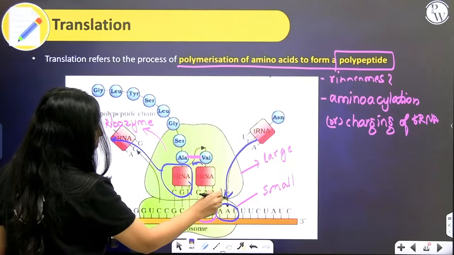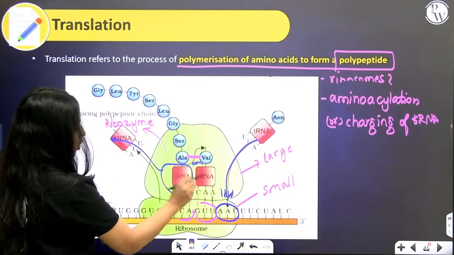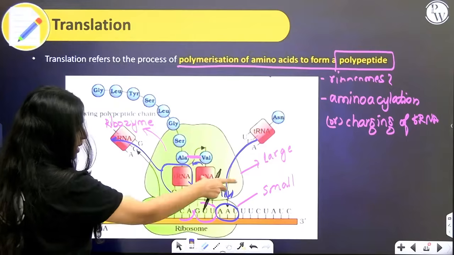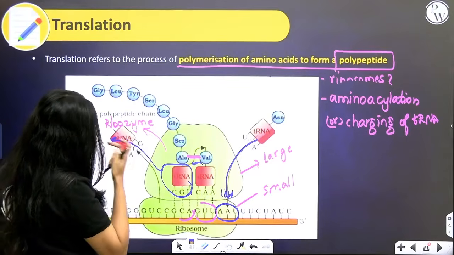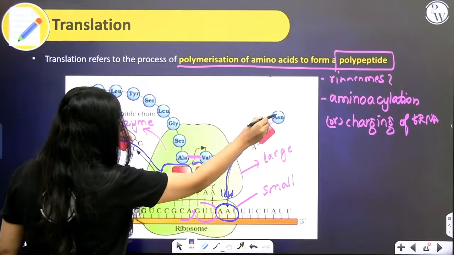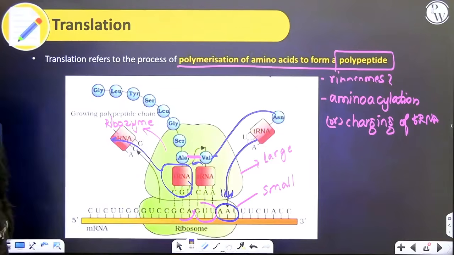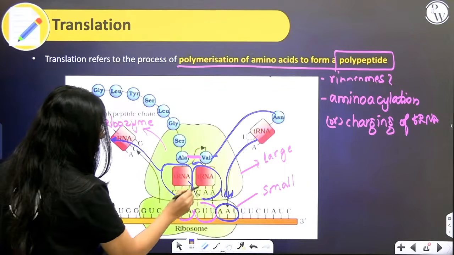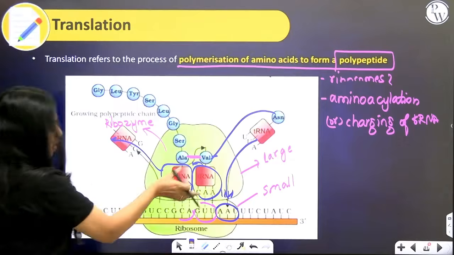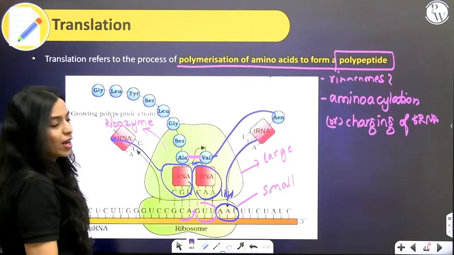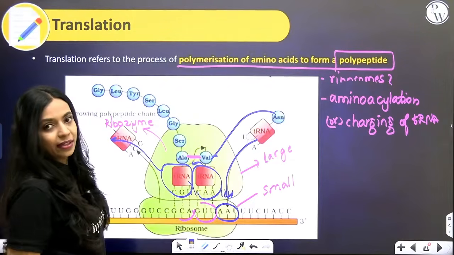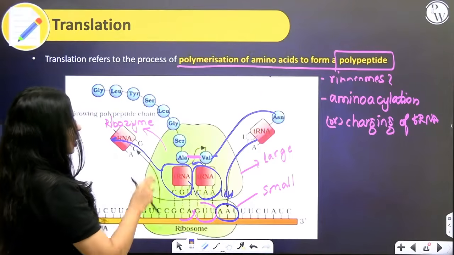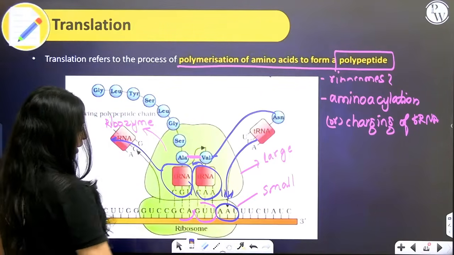It will form base pairs between codon and anticodon. When these two tRNAs are brought together, the amino acids will form a peptide bond. After that, this will move out. Ribosome will slide over mRNA. The next site is vacant again for the next tRNA. In that way, it will go on elongating.